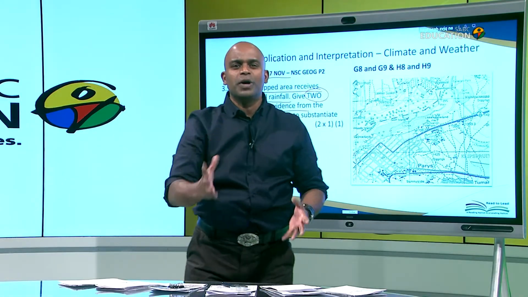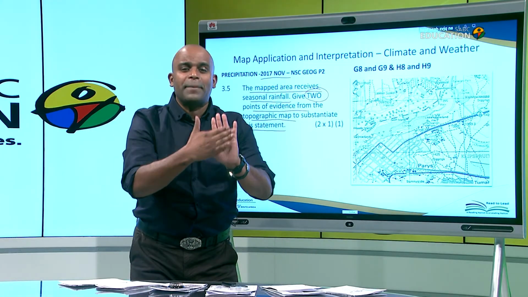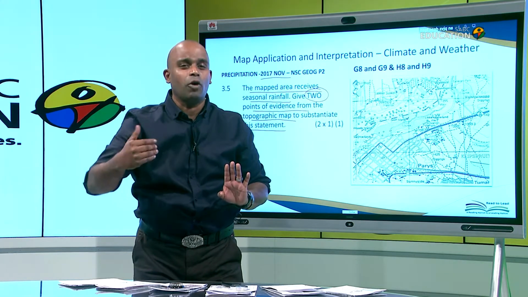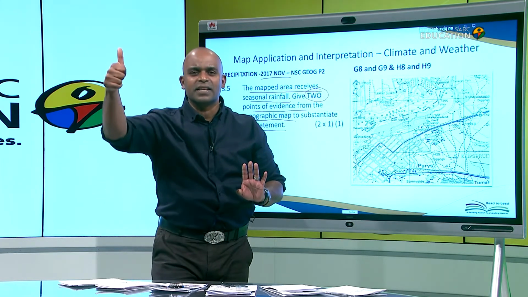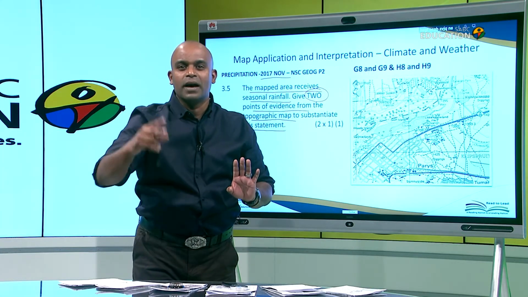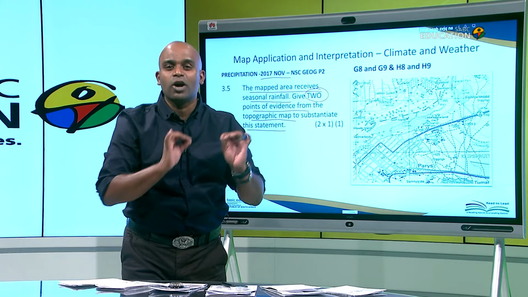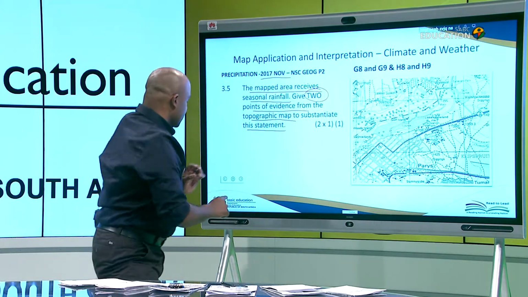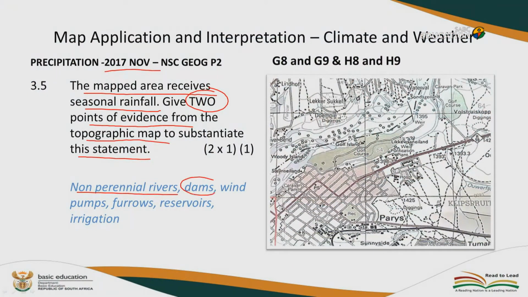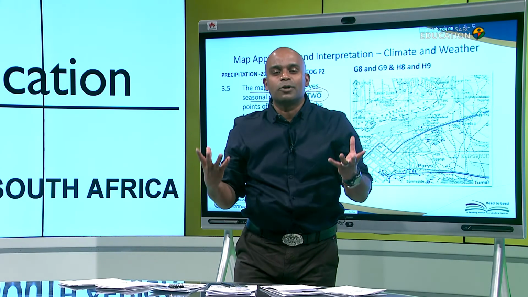All you have to do is find that evidence by referring to symbols that denote seasonal rainfall without even looking at the answers. Reservoirs, non-perennial streams, periodic or non-periodic rivers. So let's look at those answers. Non-perennial rivers, dams, wind pumps, furrows, reservoirs, or irrigation. And these forms of irrigation, remember, include furrows.